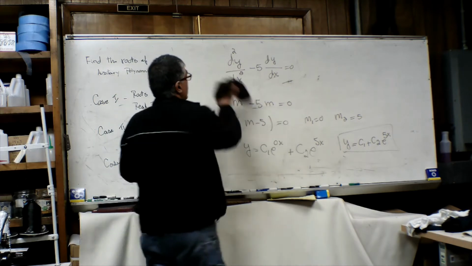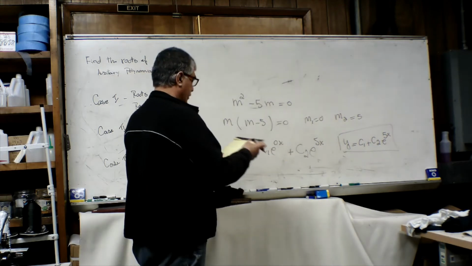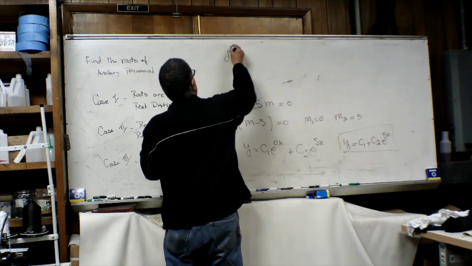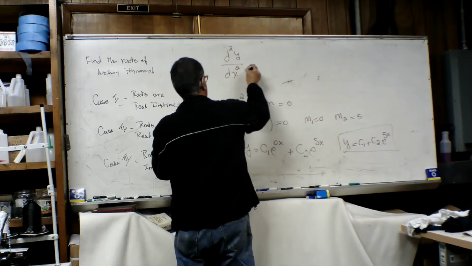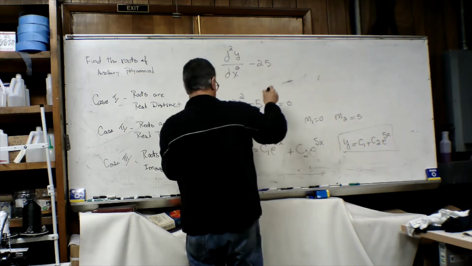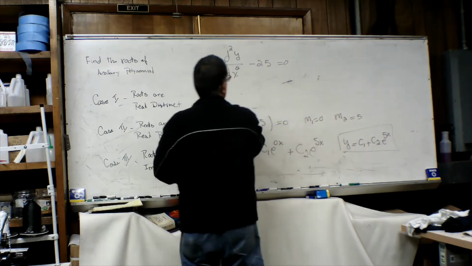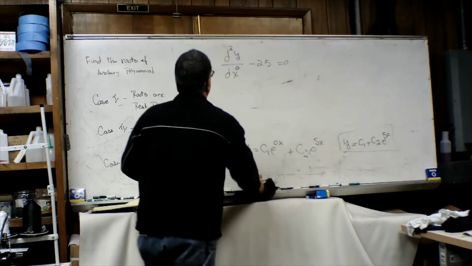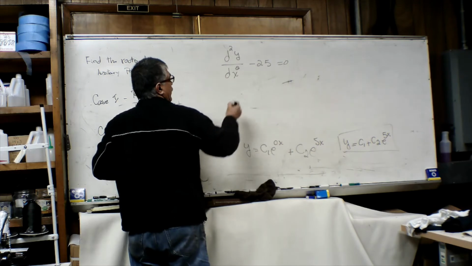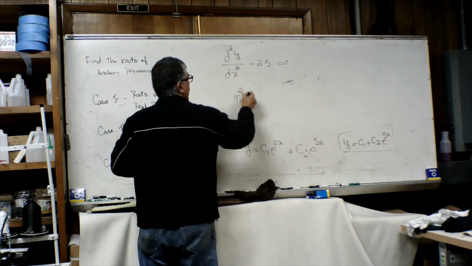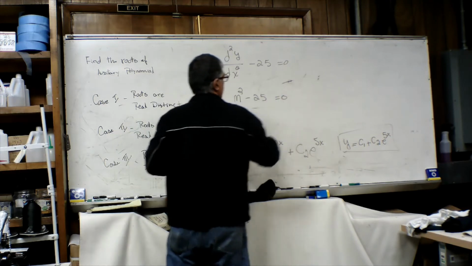Now let's look at another problem. Let's say we have d2y over dx2 minus 25y is equal to 0. So the auxiliary polynomial for this differential equation will be m squared minus 25 is equal to 0.